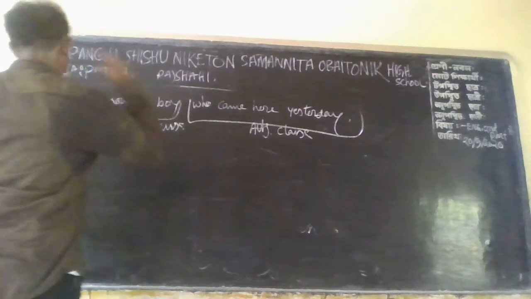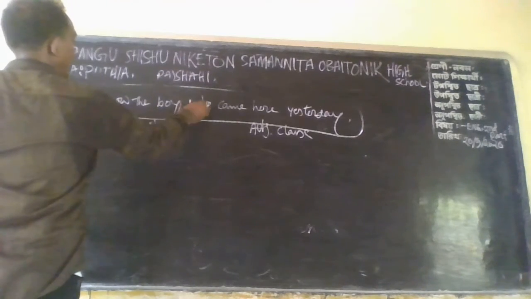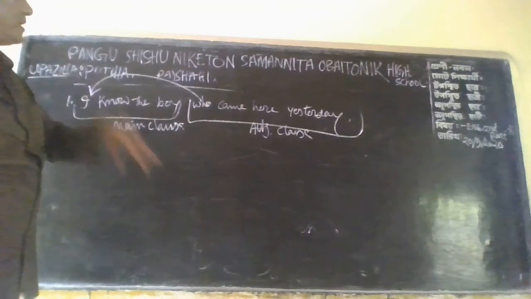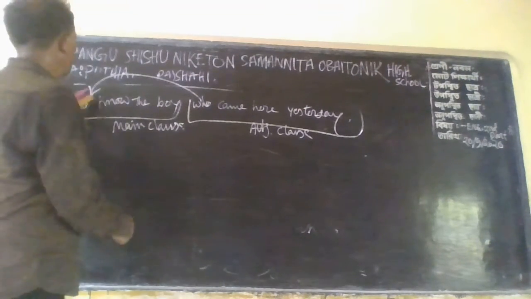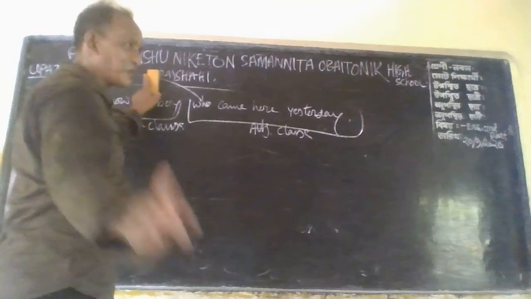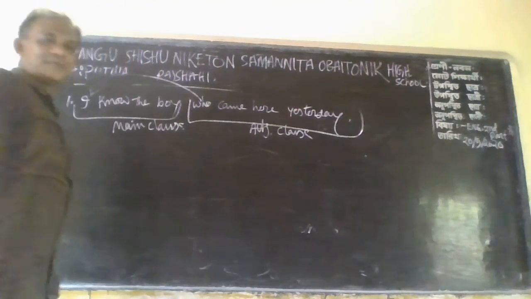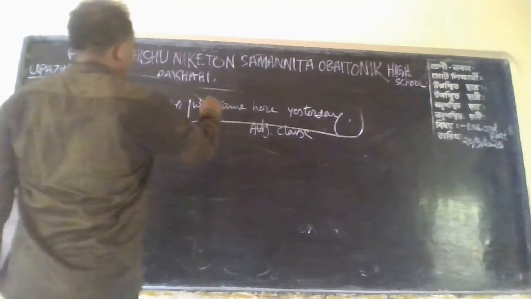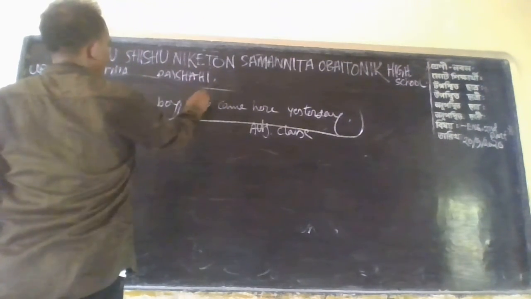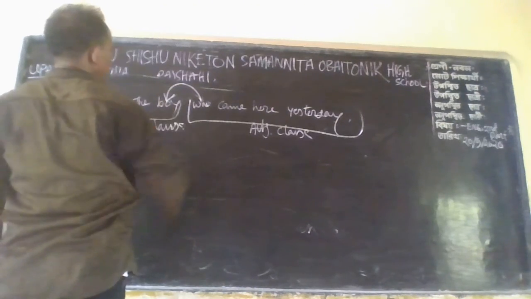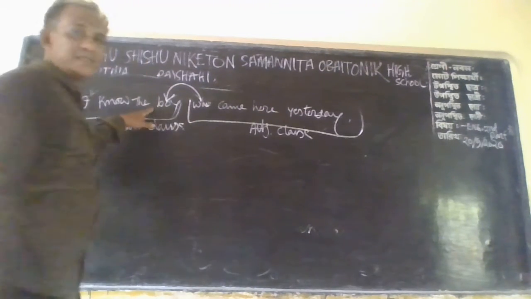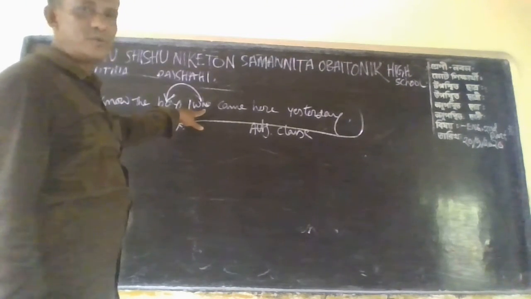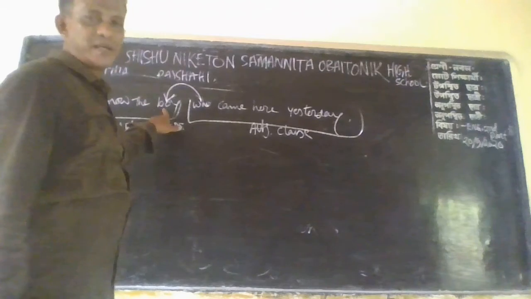Adjective clause denotes the noun of the main clause. Adjective clause indicates the object of the main clause. This is the boy, who is completely related to the boy.